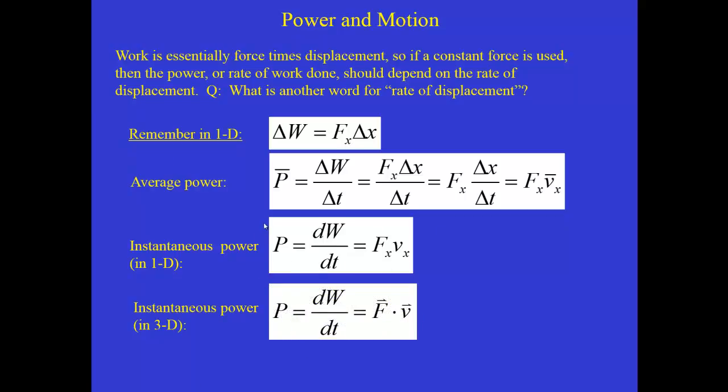So we would have F_x v_x plus F_y v_y plus F_z v_z. And a very compact way of writing that down is to use the dot product again. And so the power instantaneously for the most general three-dimensional case can be written as the dot product of force and velocity. That can be useful if we have information about forces and velocities in component notation.